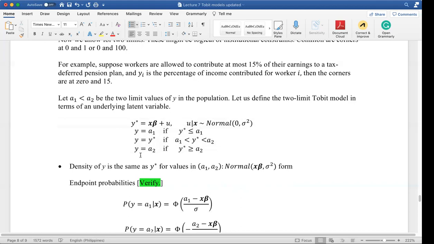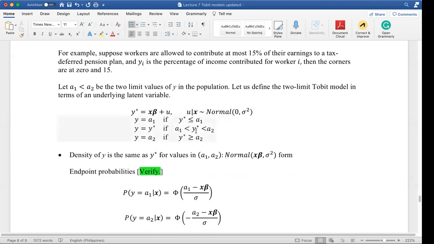Note that if y star is between the limits a1 and a2, then we observe y equal to y star. However, if y star is less than the lower limit, then y is equal to a sub 1. If y star is greater than or equal to the upper limit, then we observe a sub 2.